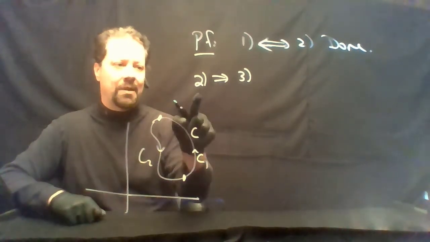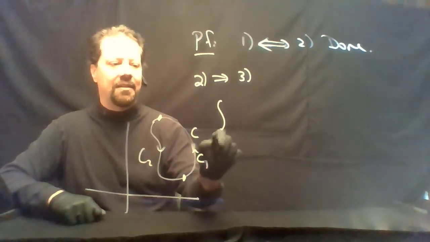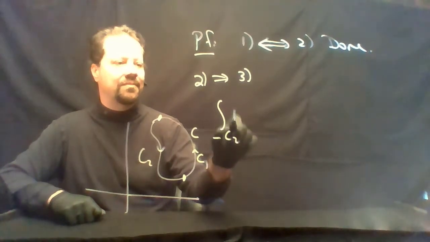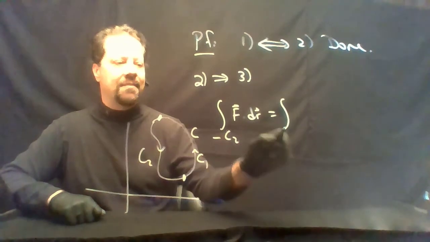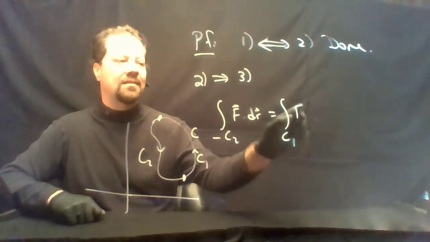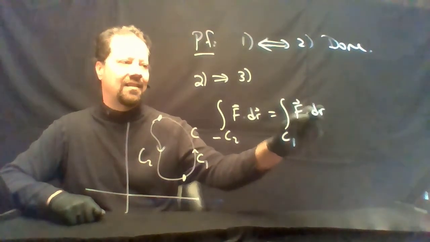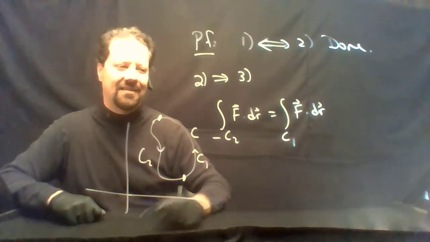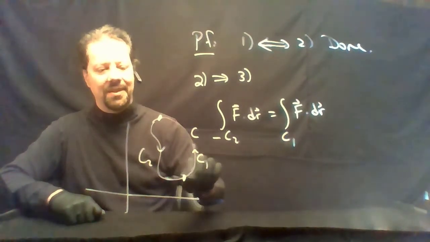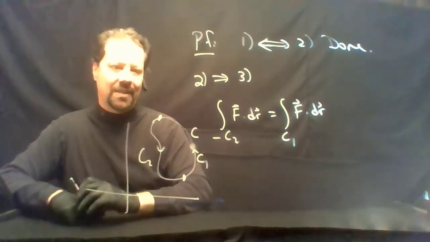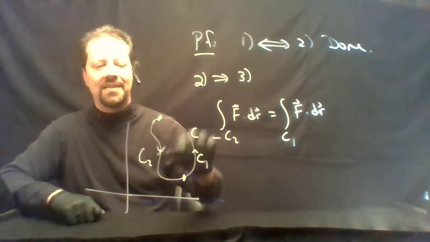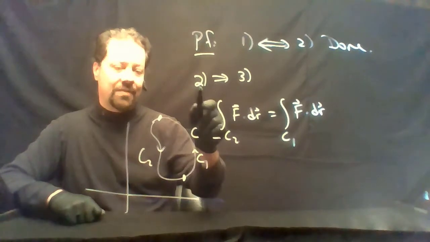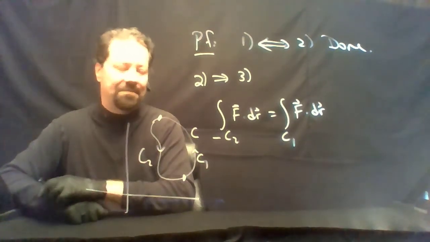We know because of property 2 that if we integrate on minus C2, we'll get the same thing if we integrate on C1. Minus C2 is C2 with the opposite orientation.